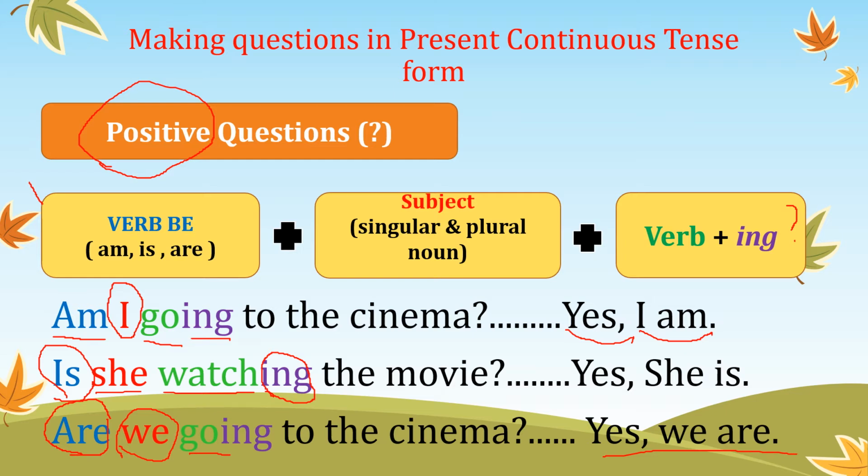So your answer should be yes, and then the subject, and then followed by verb be. Very simple. Yes, subject, and then verb be. For a question, you must start with verb be, subject, and then verb plus ing. It's very simple. I hope you are clear about this.